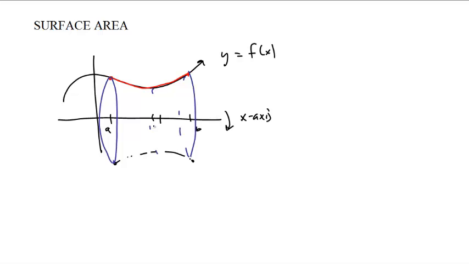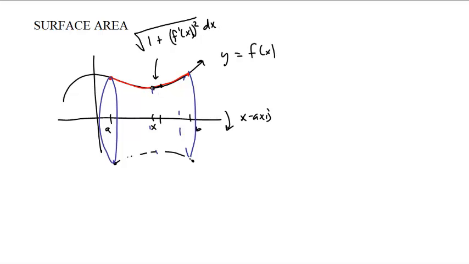We have one little interval, there's x on it, and we look at this little piece here. Now we saw during the arc length that the length of that is approximately the square root of 1 plus the derivative of f squared dx.